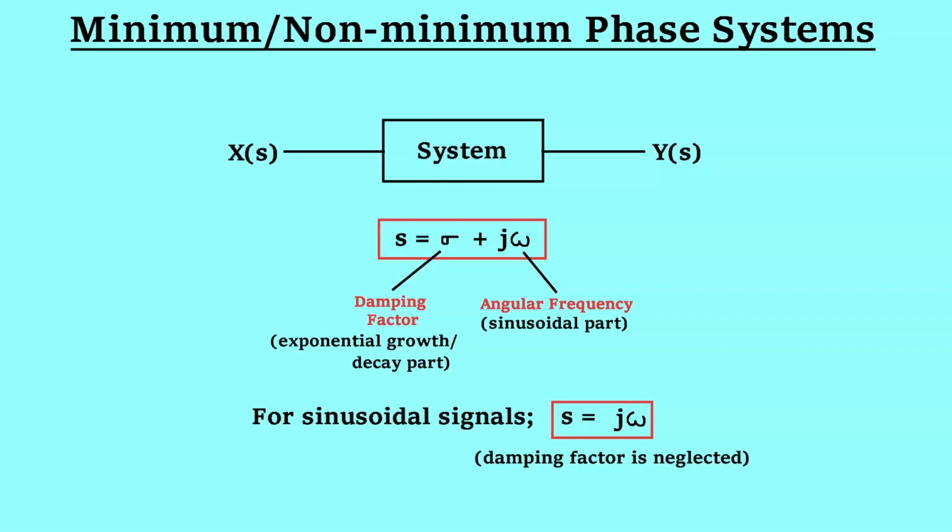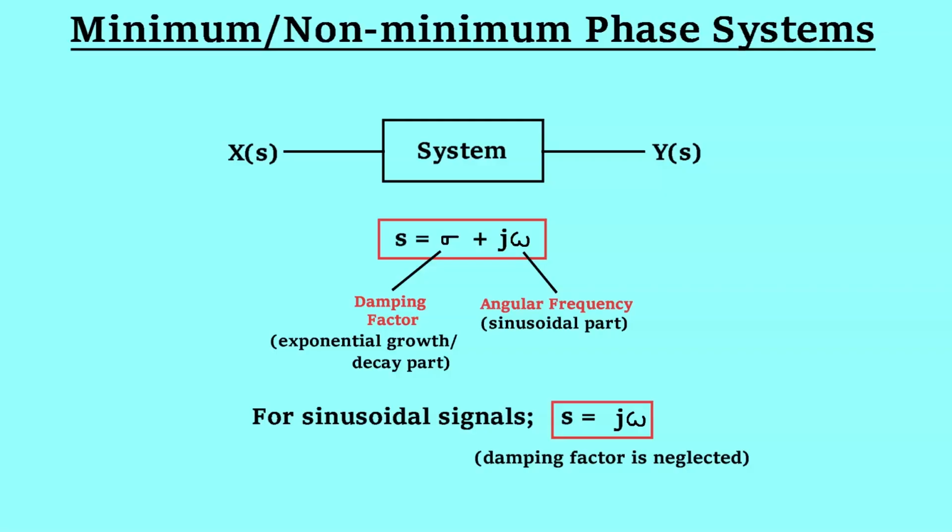When the input to a system is a pure sinusoid, then there is no exponential growth or decay in its steady state. The only things present are oscillations, and hence the damping factor becomes equal to 0, giving us the value of s to be equal to j omega only.